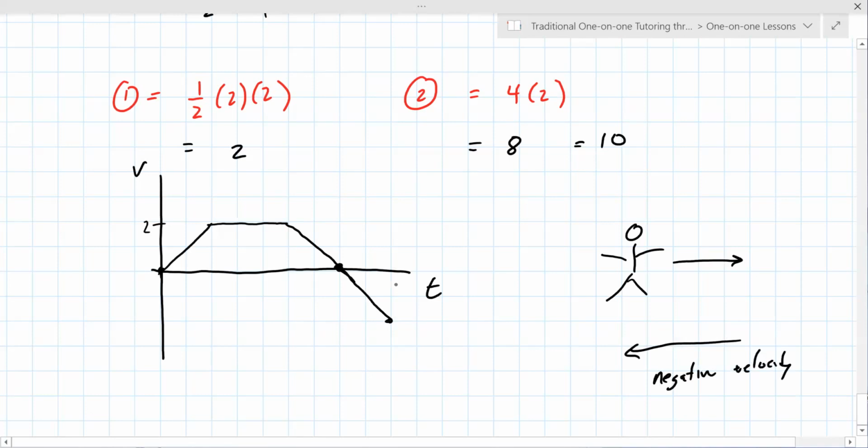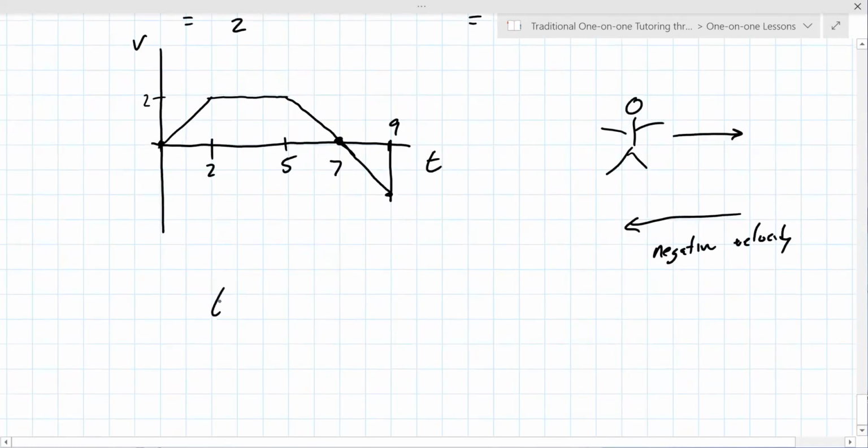Okay, so in this region, this is 2, this is 5, this is 7, this is 9. From t equals 0 to 7, I want you to find the distance.